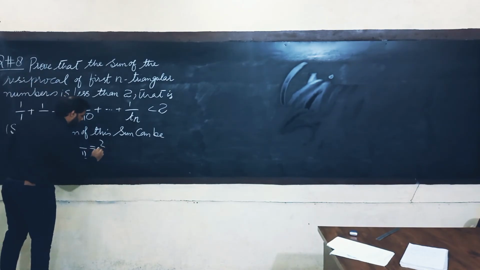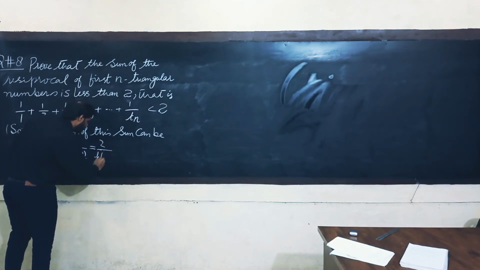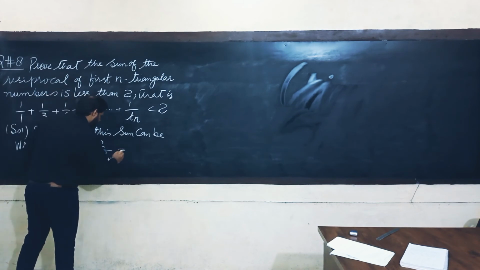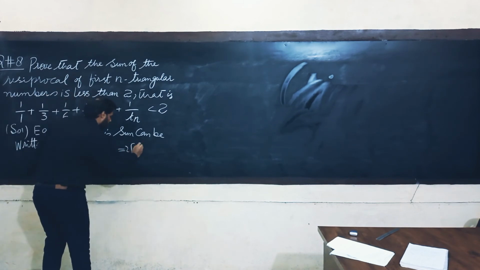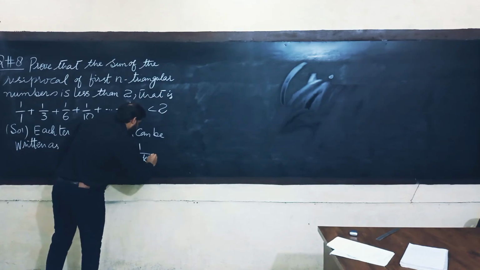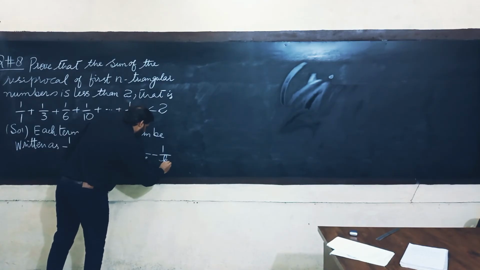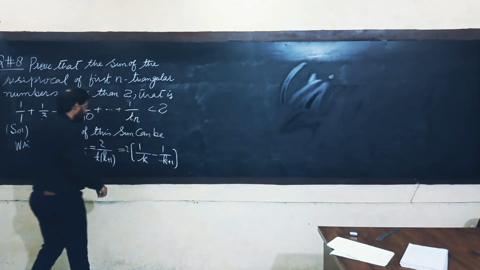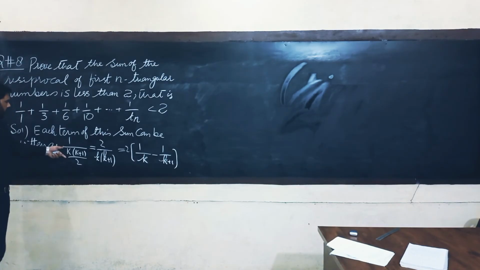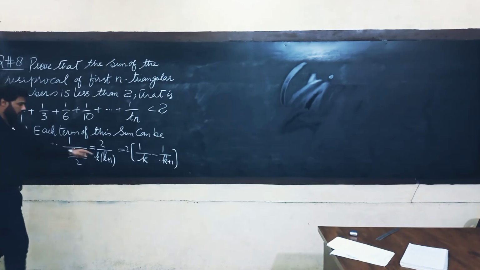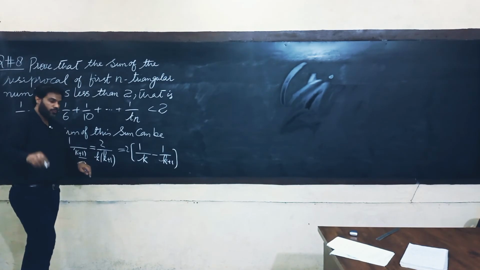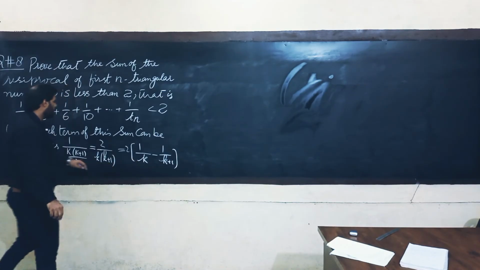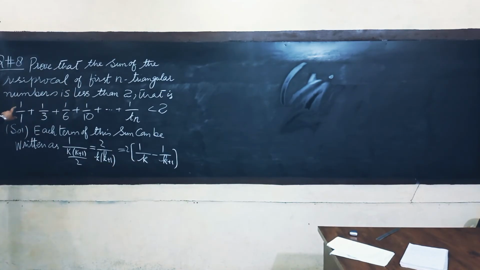Further, this can be written as 2 over k(k+1), and this is equal to 2 times (1/k minus 1/(k+1)). So this form is equal to this. When you put k equal to 1 here, we can obtain the first term.